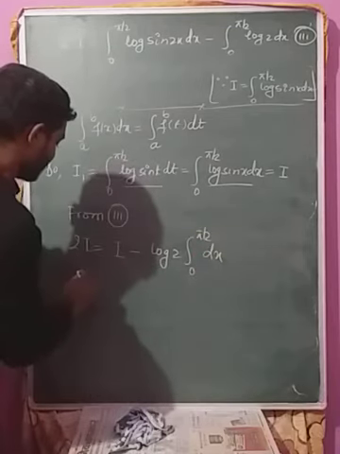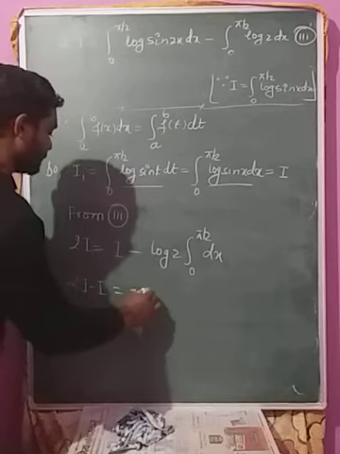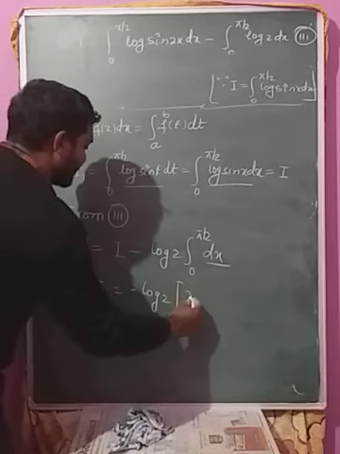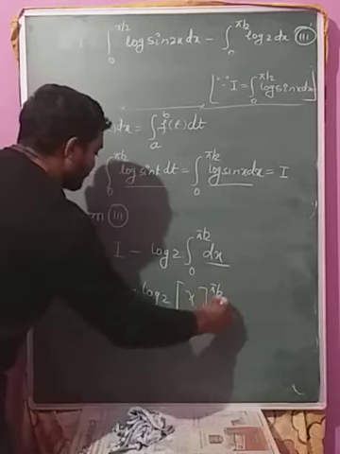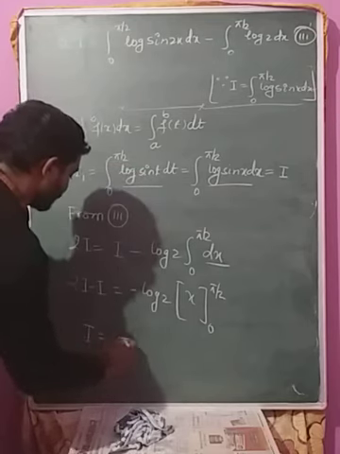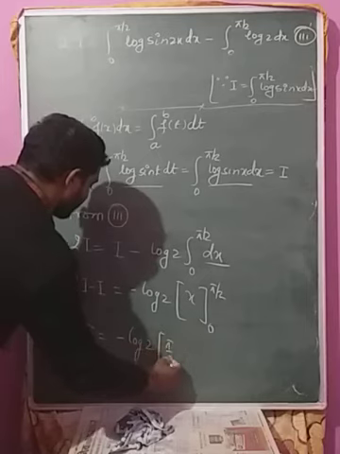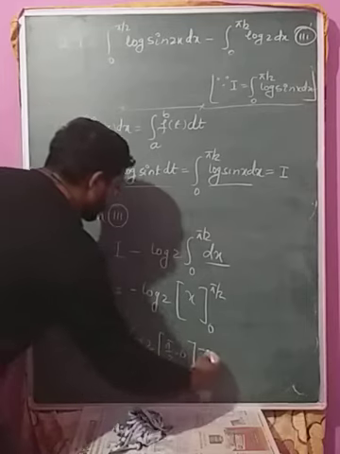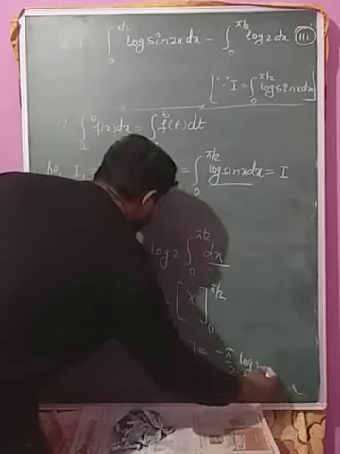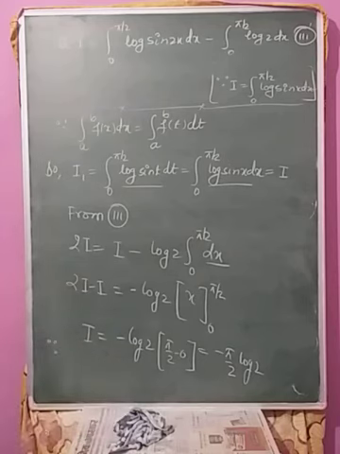So 2I minus I equal to minus log of 2, and integration of dx is x from 0 to pi by 2. So it is I equal to minus log of 2 into pi by 2 minus 0, and hence minus pi by 2 log of 2, which is the required answer, proved.